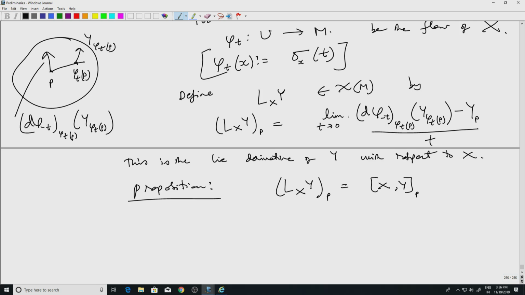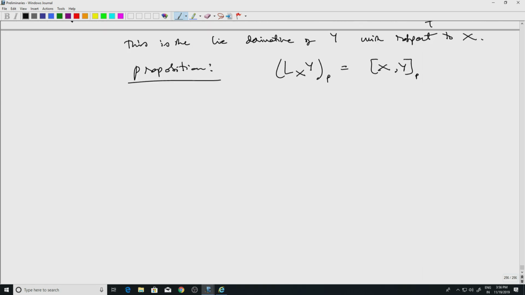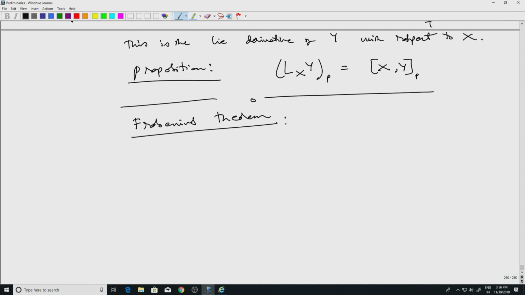Rather, what I want to talk about is the final topic regarding the Lie brackets and more generally vector fields, the so-called Frobenius theorem. So there are two versions.